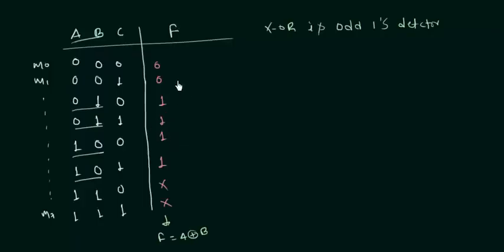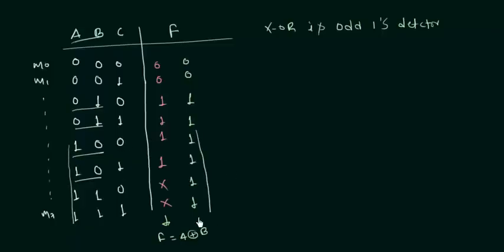And now let's take these don't cares as 1, as I did in my K-map. So these 2 are now 1. This is 1 when B is 1, and for all these ones A is 1.